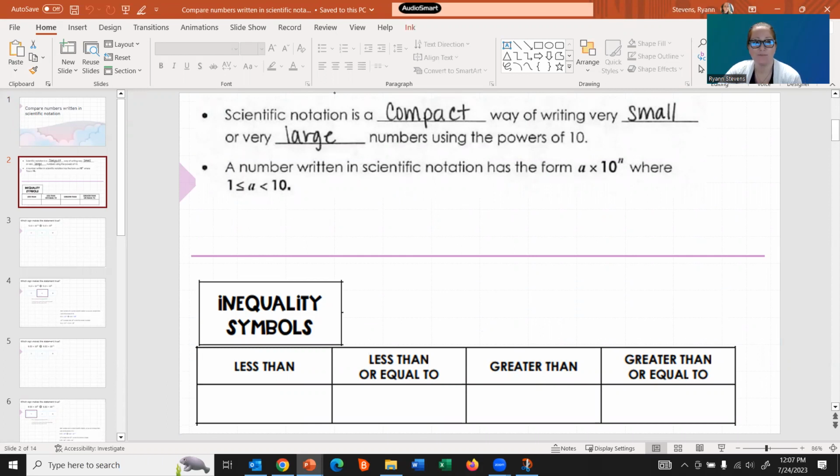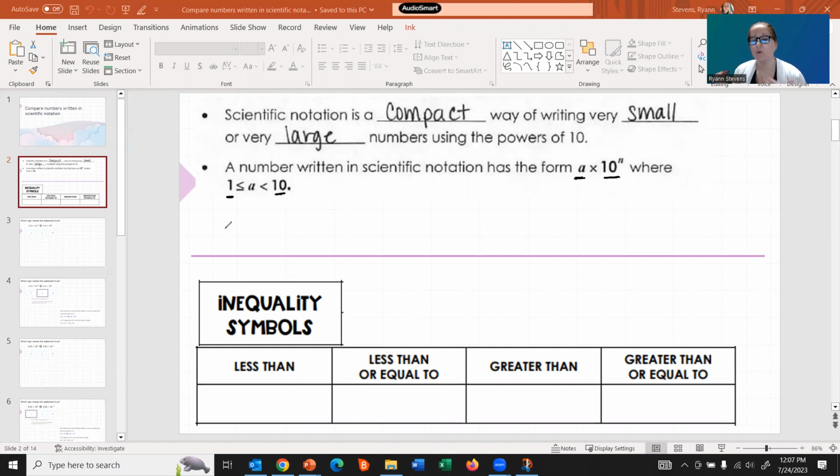So a number that's written in scientific notation is going to have this form where we have a, and then this is our power of 10 with the exponent, which is going to tell us how many places we're going to move the decimal. We have to remember too that in scientific notation, this a has to be at least 1 and not greater than 10.